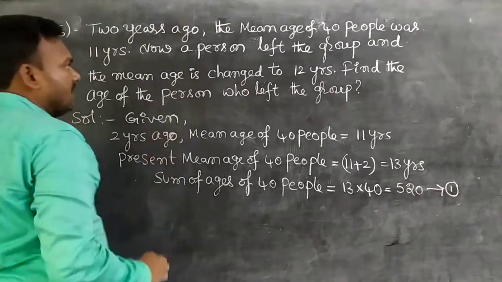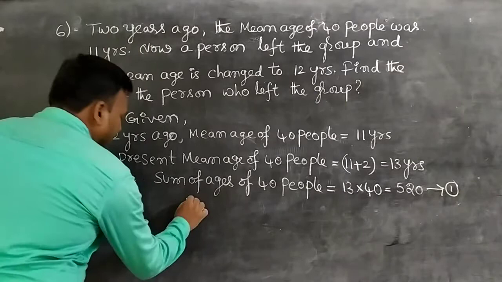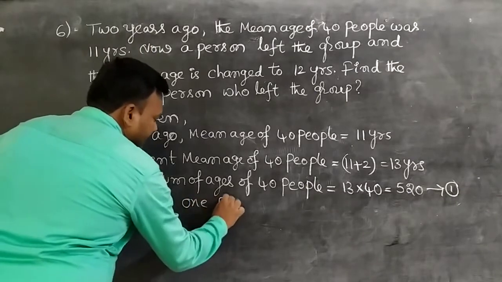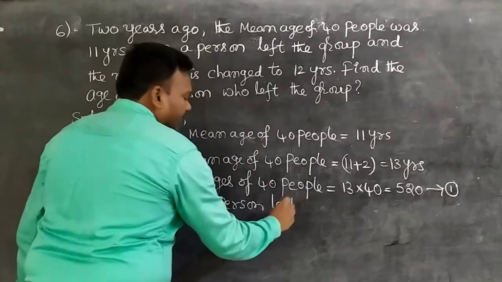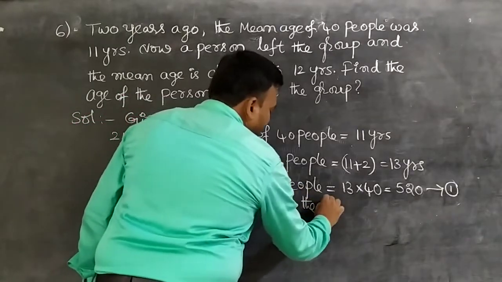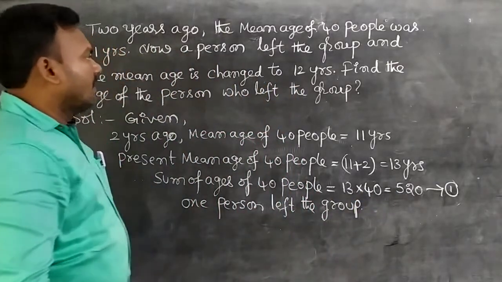Right. Next, students. One person left the group. After the person left the group, what about the mean age?